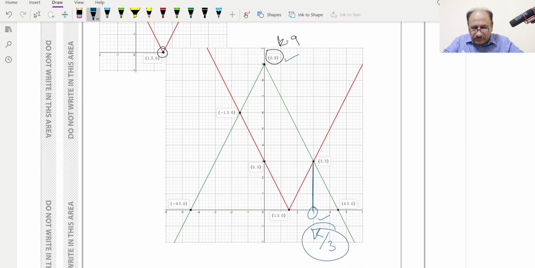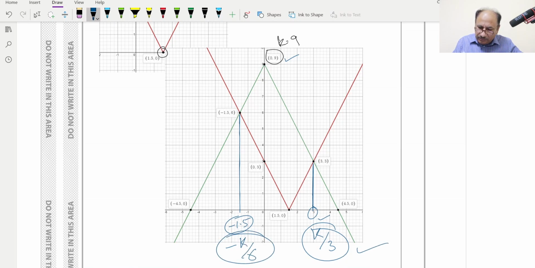And if we check this intercept, this one, this is minus 1.5 on this side. And if k is 9, this will basically be minus k by 6. So we are getting k by 3 and minus k by 6, and these are the points of intersection.